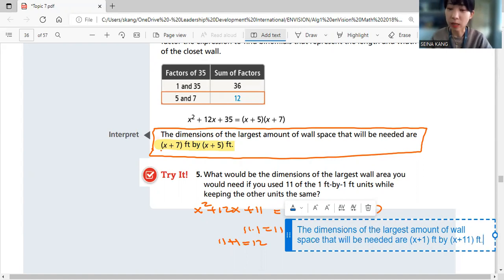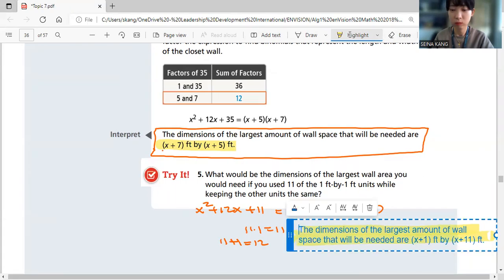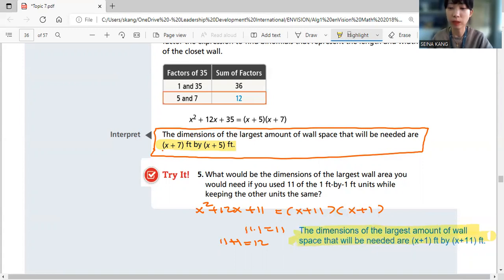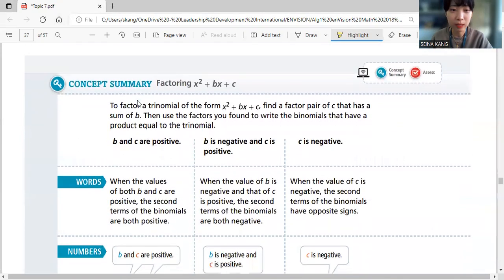Okay, and that is your final answer. There you go. All right. That was example 5. Let's summarize our lesson.